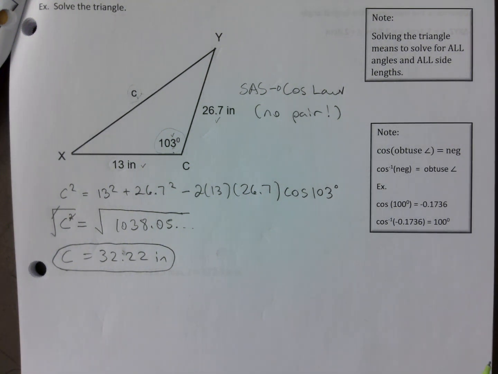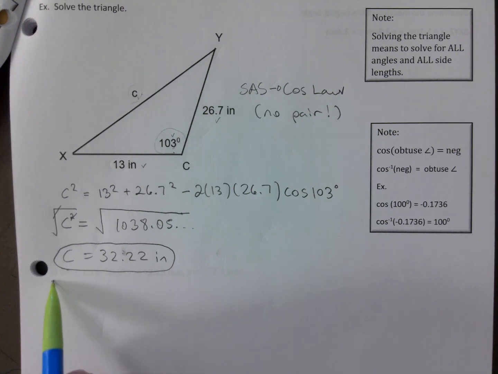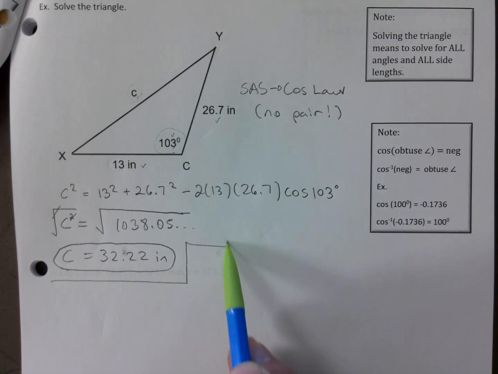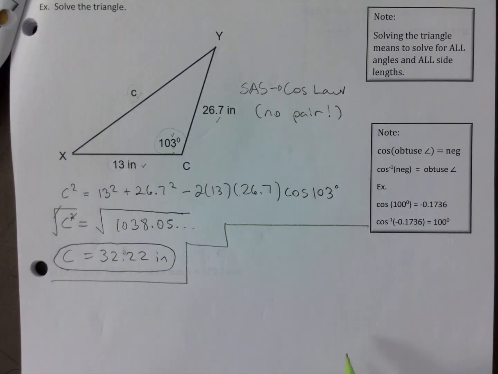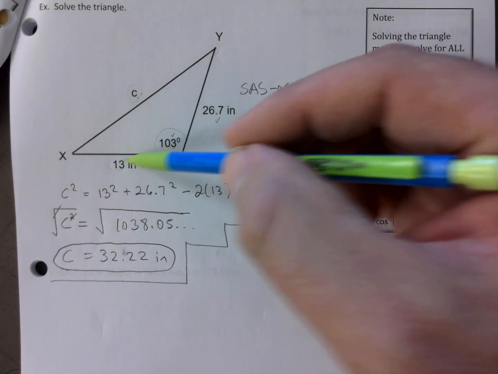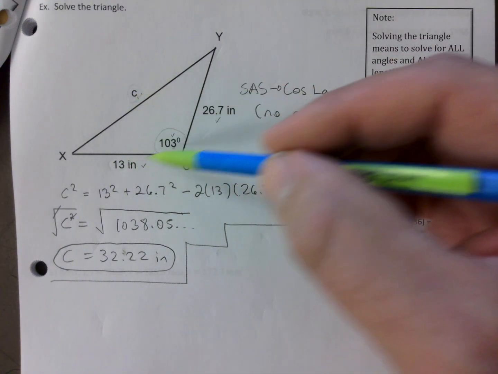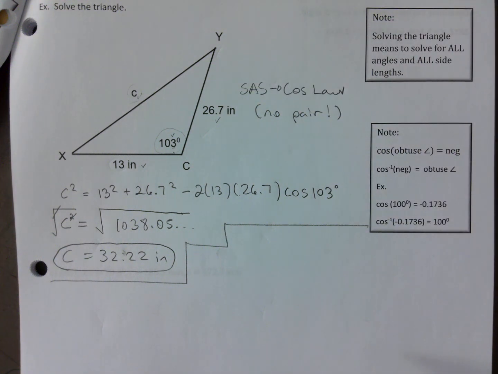And now what can we do now? I'm going to just block this off. Okay, it says solve the triangle, so we now know this side. So all three sides are known to us. Okay, so now we have all three sides.